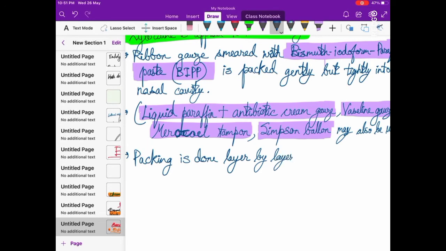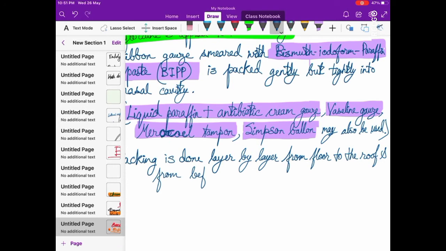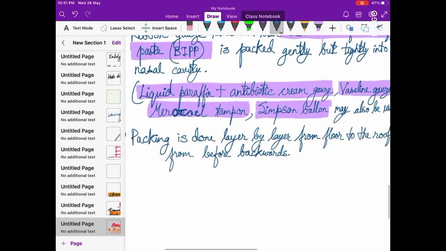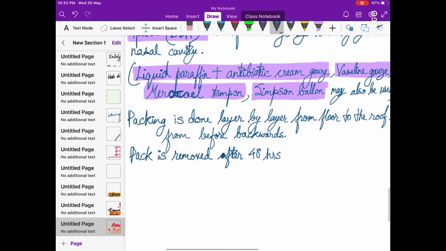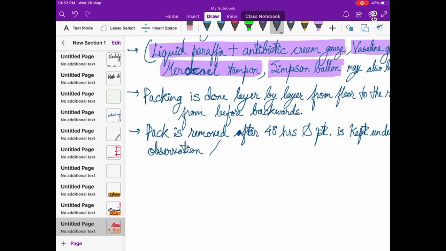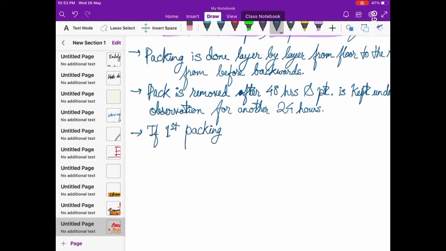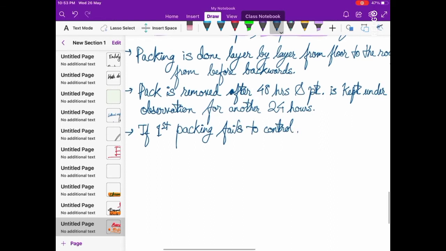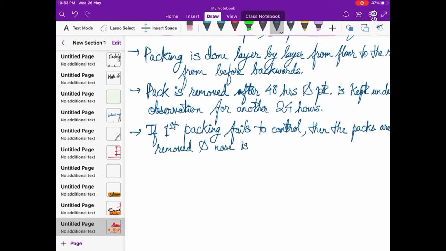Packing is done layer by layer from floor to the roof and from before backwards. Pack is removed after 48 hours and patient is kept under observation for another 24 hours. If first packing fails to control, then the packs are removed and nose is repacked again.